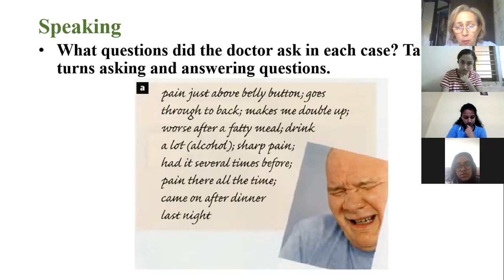And as for severity, the phrase "makes me double up" means that the person leans forward and just can't stand straight. And if we speak about the severity of pain, it's better to say that this is sharp pain. This is the phrase that answers the question.